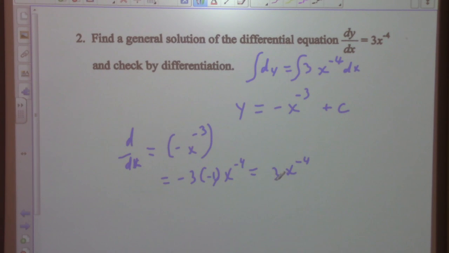So you can always check your anti-differentiation. And of course, if you have plus c out here, you can take the derivative of that too, but that's going to be 0. So by taking the derivative of your antiderivative, you can see if you got back where you started. And in this case, we do see it.